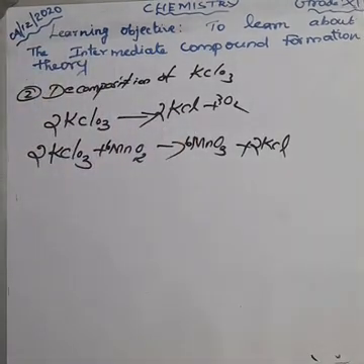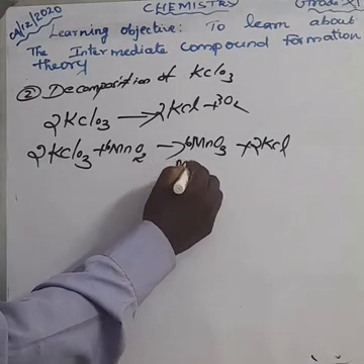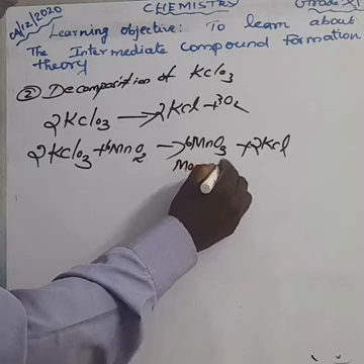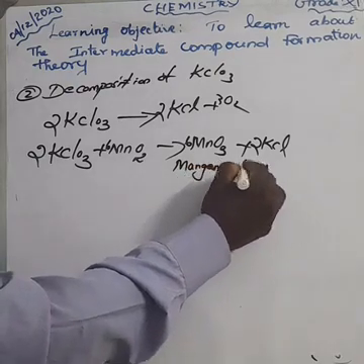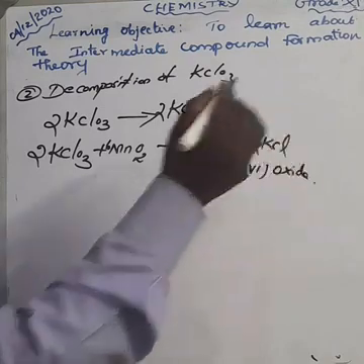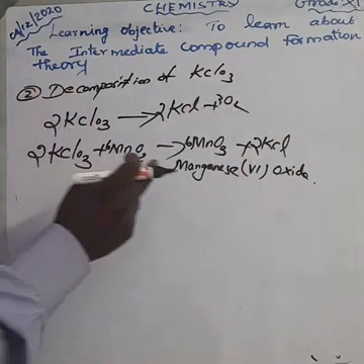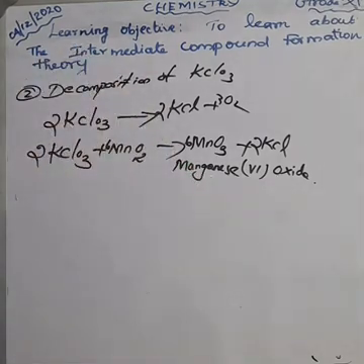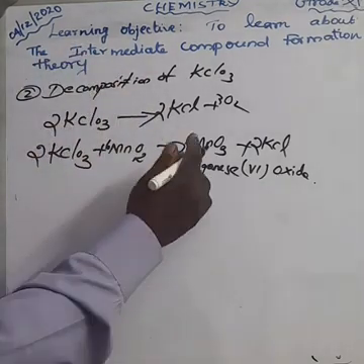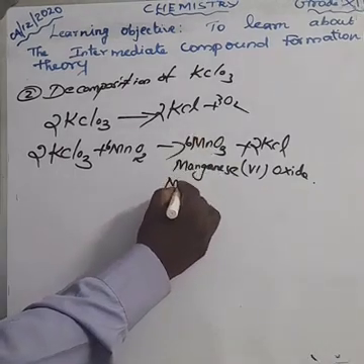Am I right? Anyhow, what is the name of this compound, MnO3? Manganese 6 oxide, because the oxidation state of manganese is 6.